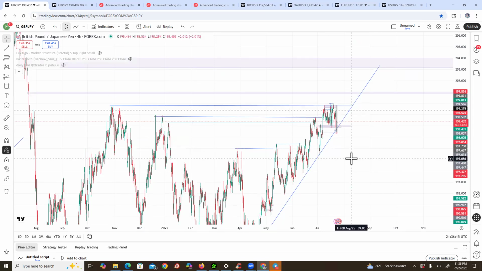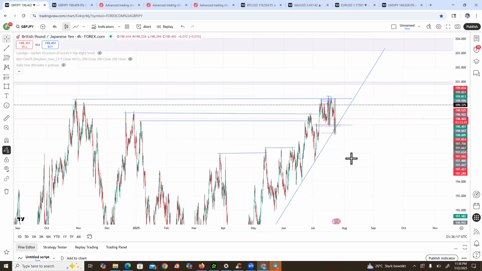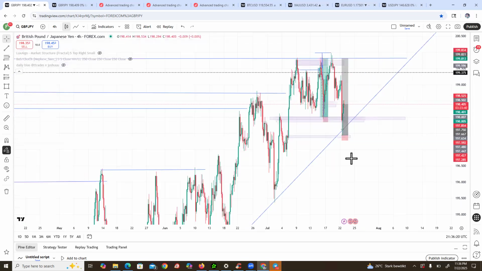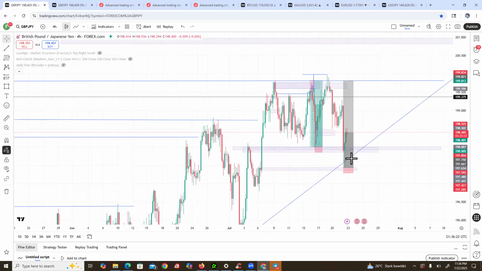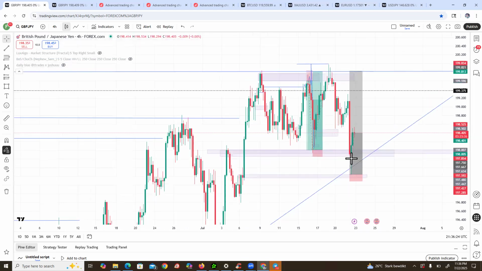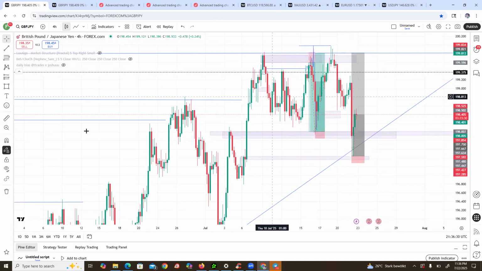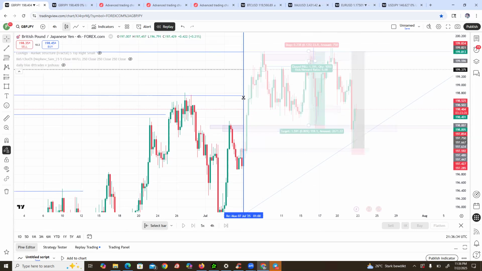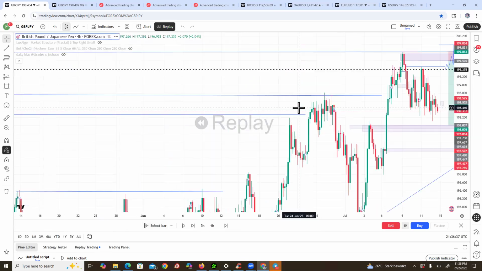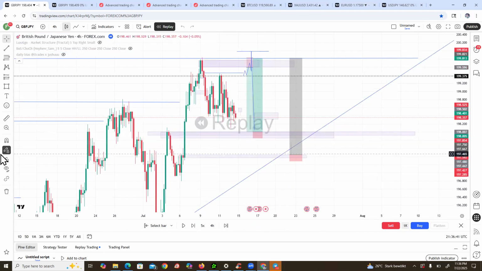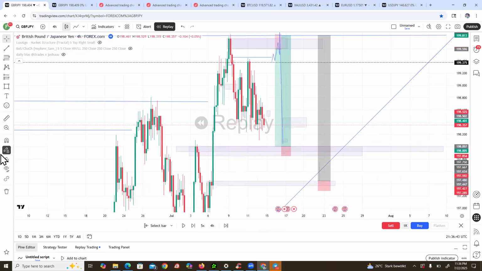So if you zoom in, you see that, let me remove this thing, so this is how we got this entry.